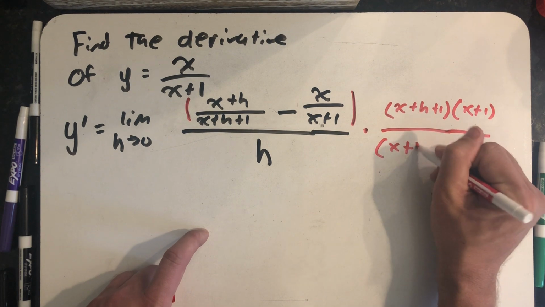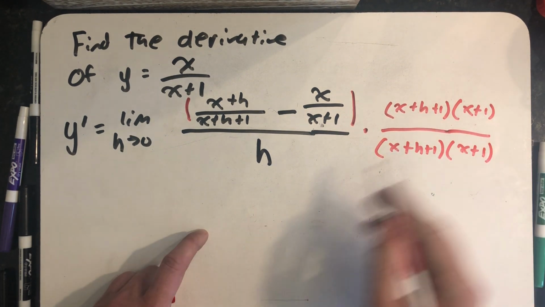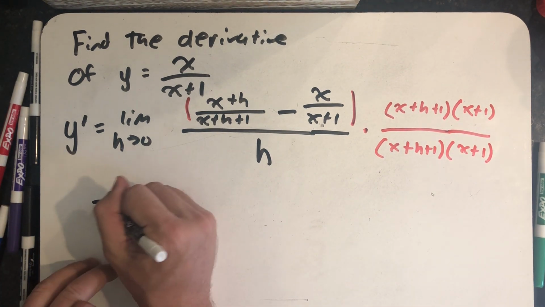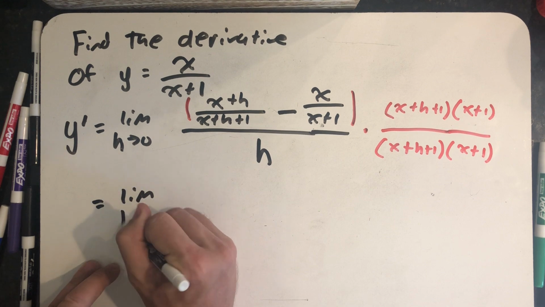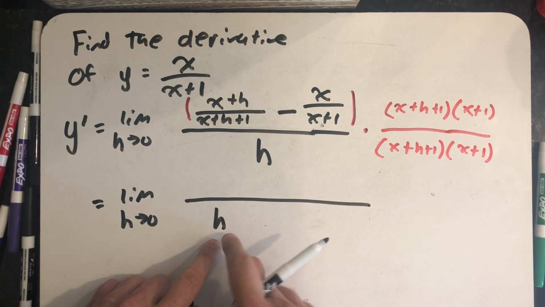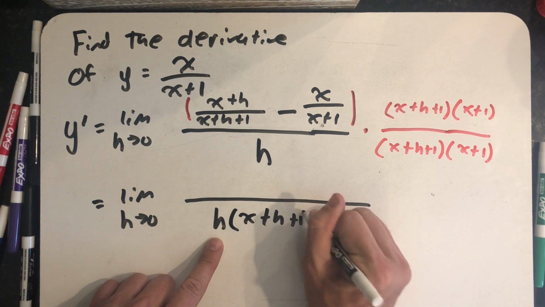It's always okay to do the same thing to the top and bottom of a fraction. So on the bottom, I'm not going to multiply anything out. And like I said in one of the previous videos, I never do, because what I really want is to be able to cancel off that h. So I'd want it factored out anyway.